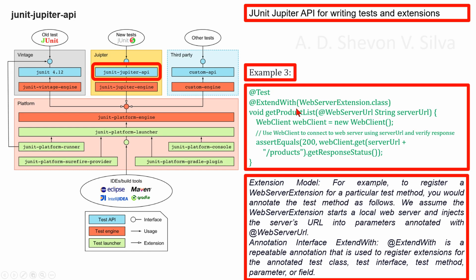Annotation interface ExtendWith: at extend with is a repeatable annotation that is used to register extensions for the annotated test class, test interface, test method, parameter or field.